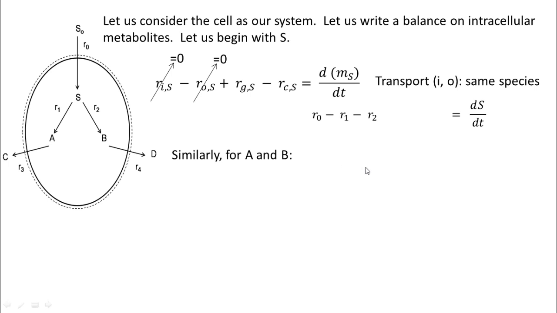Similarly, for A and B, A is formed at the rate of R1, it gets converted at the rate of R2. So generation is R1, consumption is R2, R1 minus R2 is dA/dt. Similarly, for B, formed at R2 and getting consumed at R4, therefore R2 minus R4 is dB/dt.